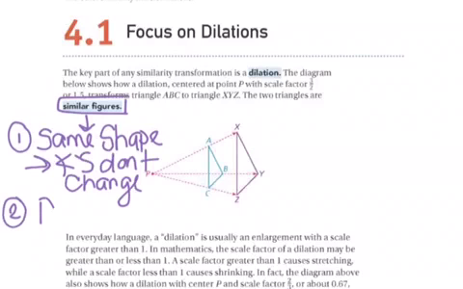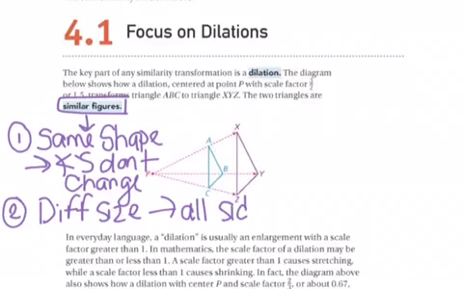However, they are going to be a different size. Now we can't just go and change the side lengths using any scale factor. All sides need to use that same scale factor.